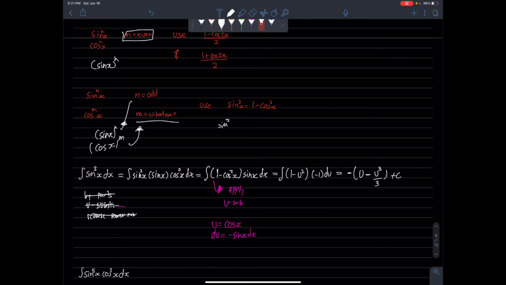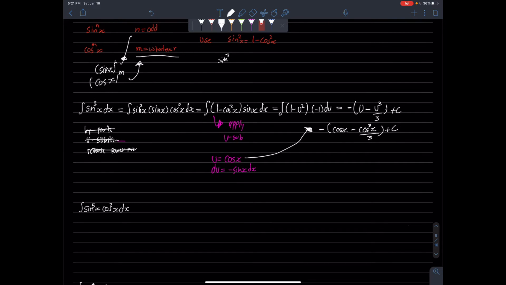Now the question was given to us in terms of x, so we're going to substitute this in. So it's just going to be negative cos x minus cos cubed x over 3 plus c. That's your answer.